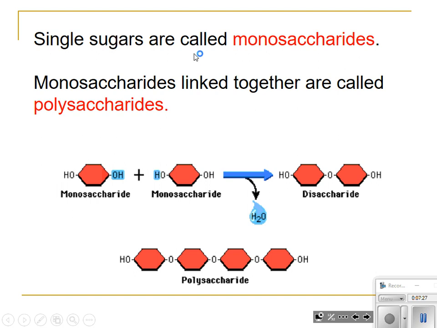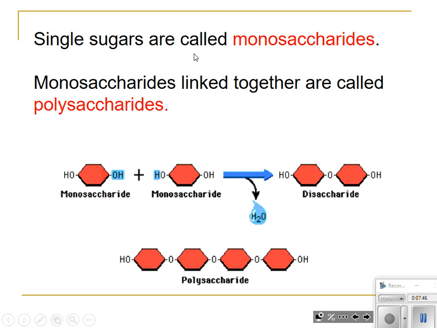Single sugars are what we call monosaccharides. Monosaccharides link together and form polysaccharides.